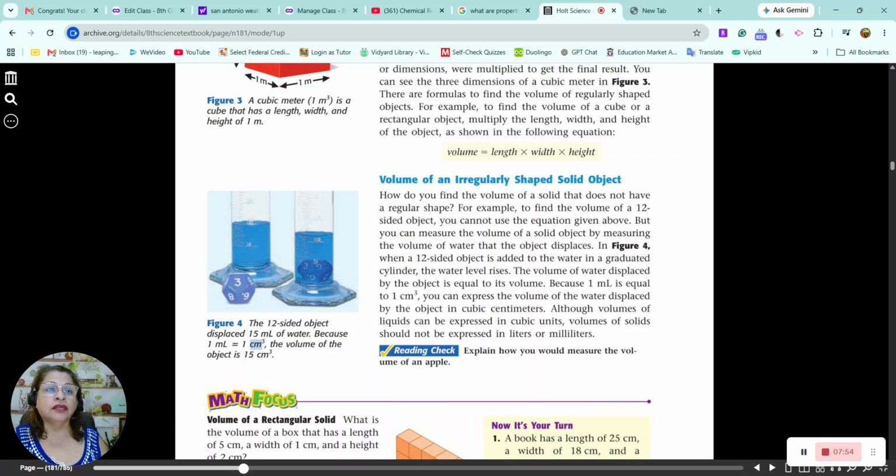We already know in the scientific world what 1 milliliter equals as a solid. And so it's going to equal 1 centimeter cubed because it's 3-dimensional. I hope that helps you.